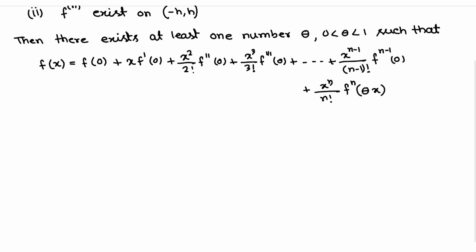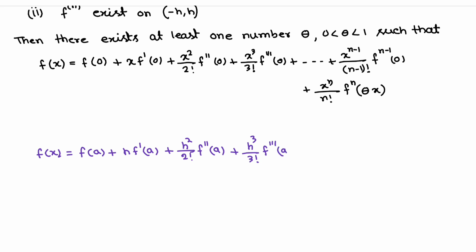So what was the result? f of a plus h equals f of a plus h f dash a plus h square by 2 factorial f double dash a plus h cube by 3 factorial f triple dash a plus dot dot dot h to the power n minus 1 by n minus 1 factorial f n minus 1 a plus h to the power n by n factorial f n a plus theta h.